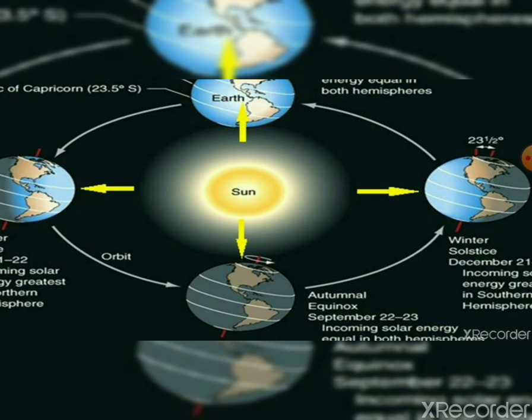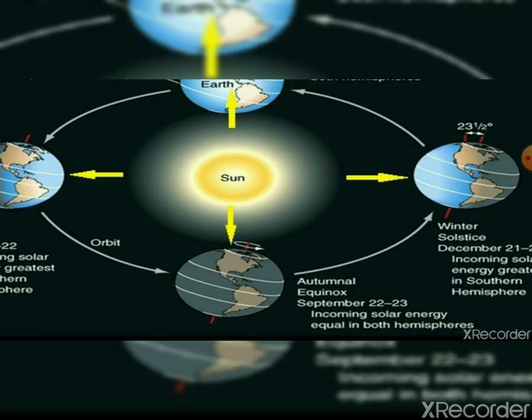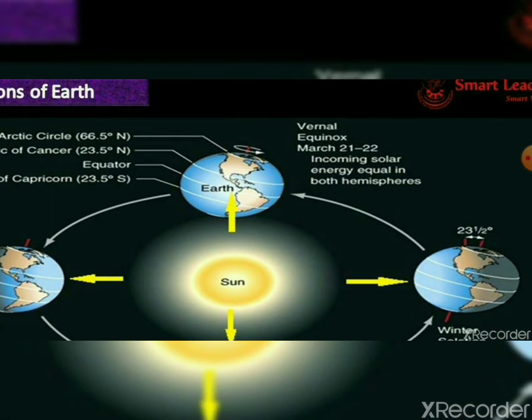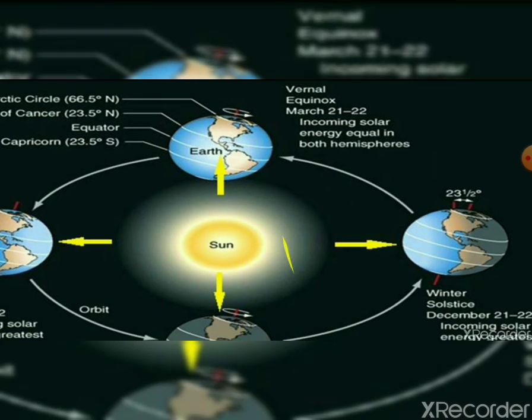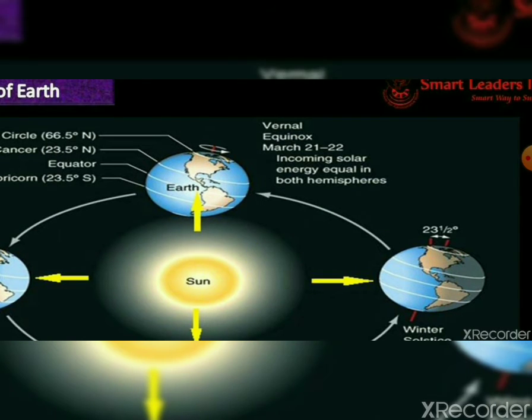Now, on 23rd of September, it is autumn season in the northern hemisphere and spring season in the southern hemisphere. The opposite is the case on 21st of March, when it is spring in the northern hemisphere and autumn in the southern hemisphere.